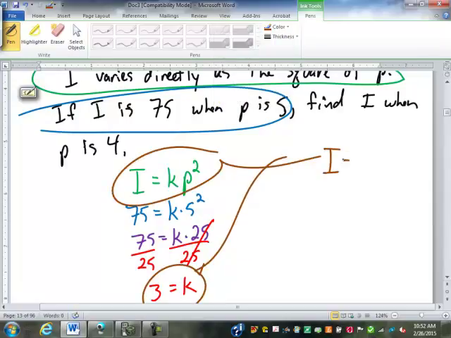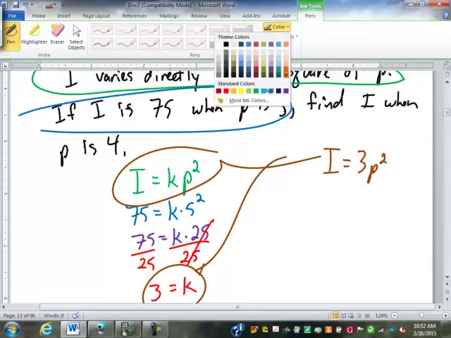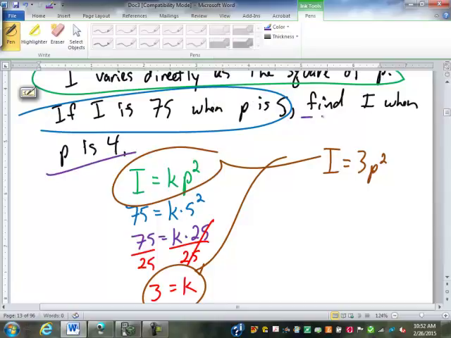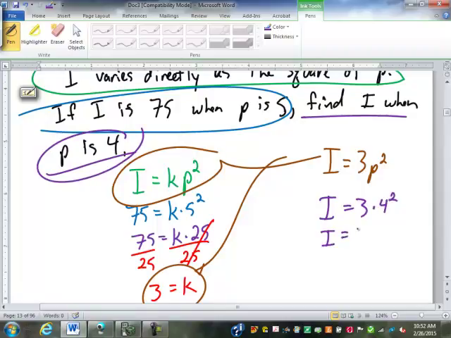So I equals 3 times p squared. And then, well, we put 4 in for p. So I equals 3 times 4 squared. I equals 3 times 16. I equals 48.